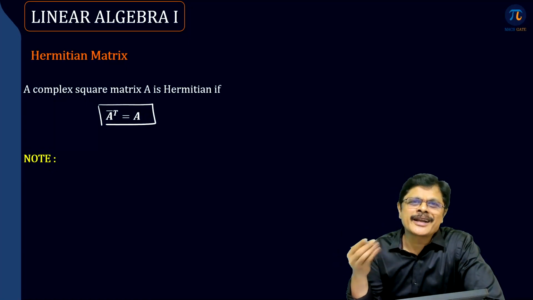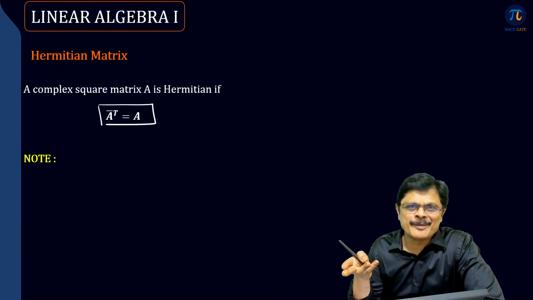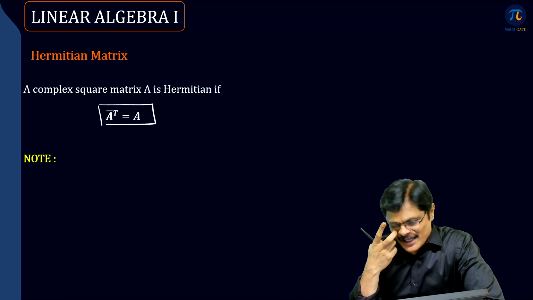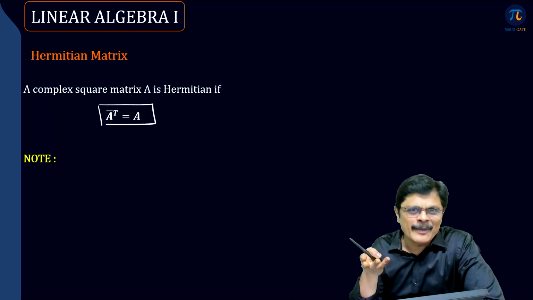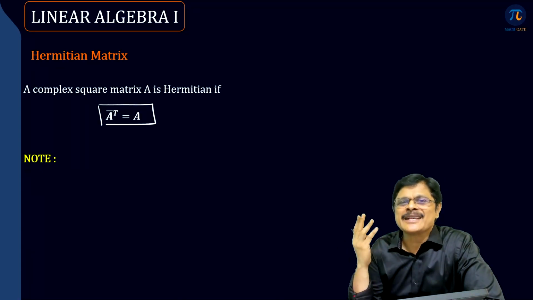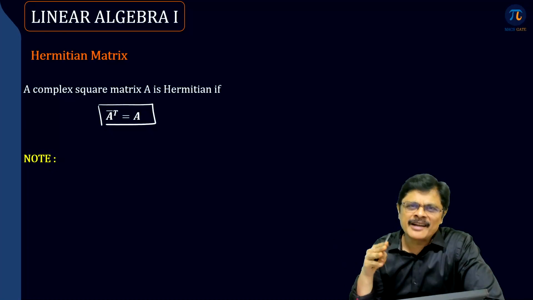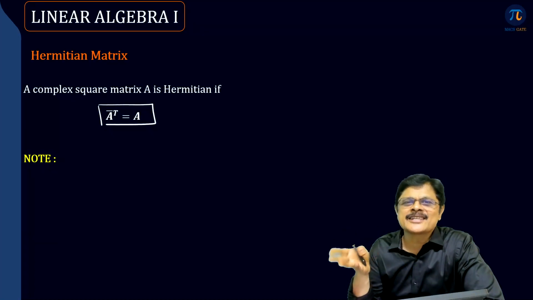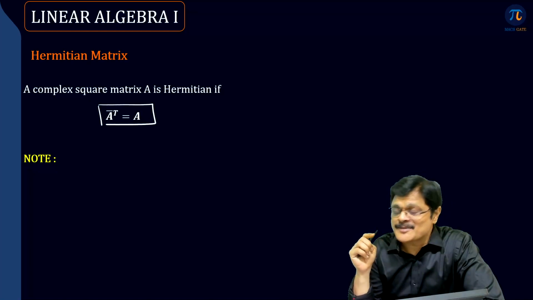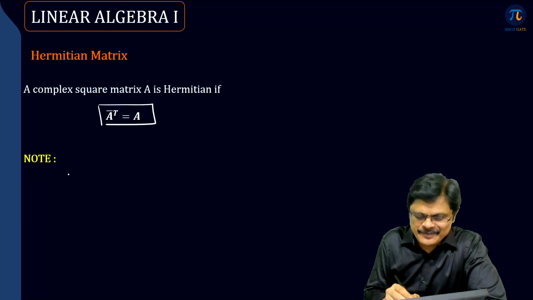So the conjugate transpose becomes simply the transpose of the matrix. So this result reduces to the symmetric matrix result. If the matrix is real, the Hermitian matrix is exactly the same as symmetric. In other words, a symmetric matrix is a special case of a Hermitian matrix.